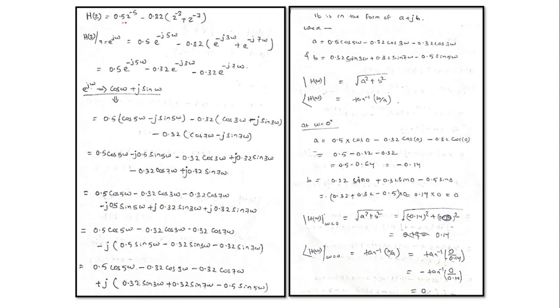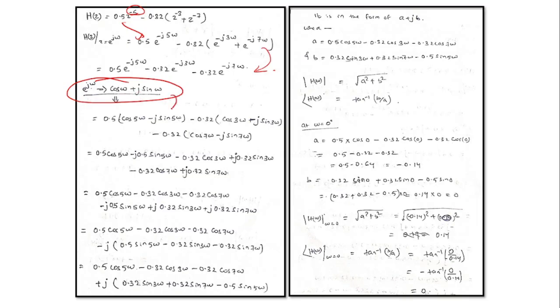So this is 0.5 e to the power minus 5 j omega minus 0.32 e to the power minus j3 omega plus e to the power minus j7 omega. Then we know this equation, e to the power j omega is equal to cos omega plus j sin omega, right?